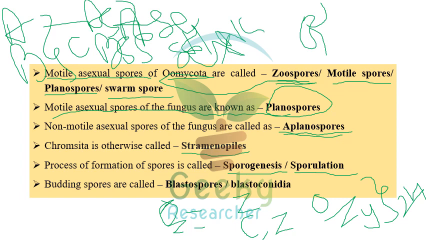In later slides we will discuss all those things in detail. Let me come once again: oospores and zygospores are diploid resting sexual spores, whereas ascospores and basidiospores are haploid non-resting sexual spores.